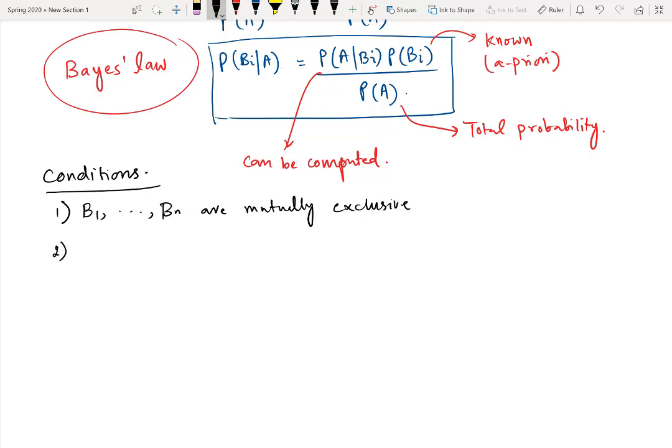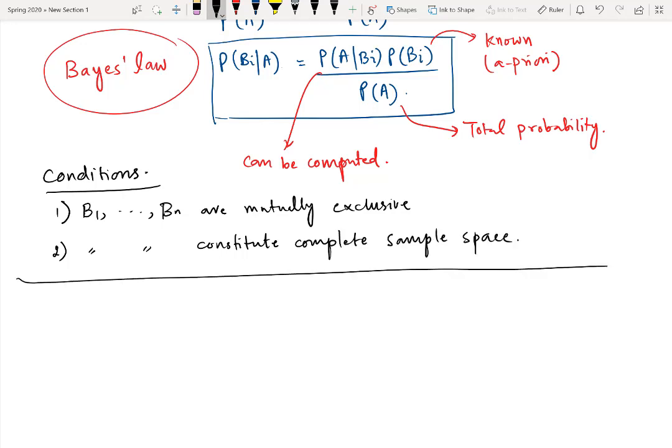And condition number 2: the same events constitute the complete sample space. Now I will show you this significance and implication with the help of an example, and it will be a very practical example. From that example, you will completely understand how to apply Bayes' theorem in such scenarios.